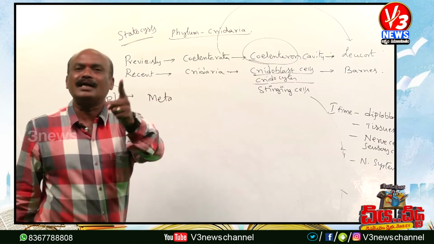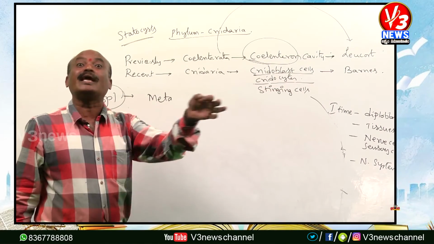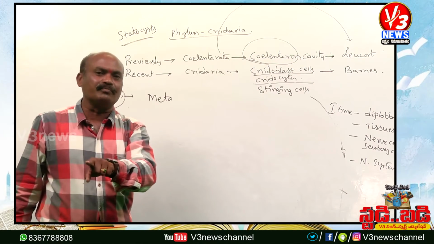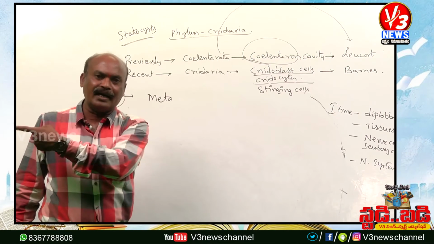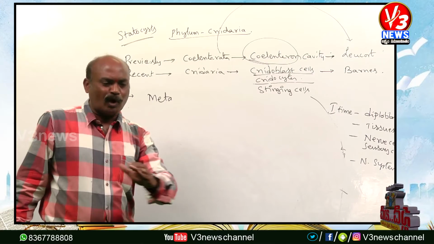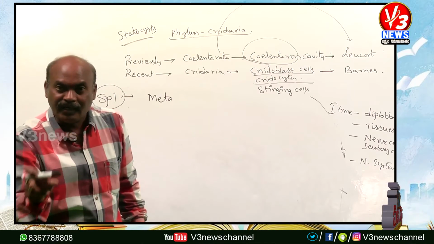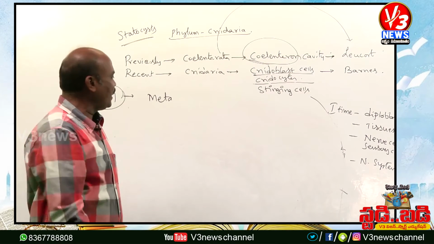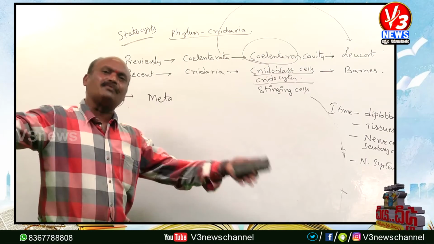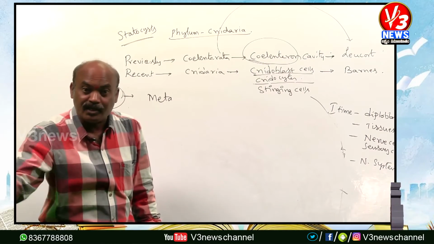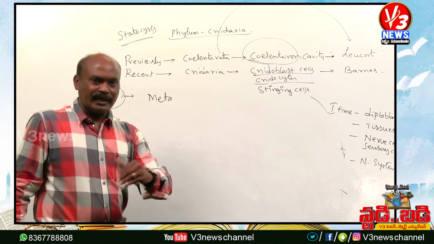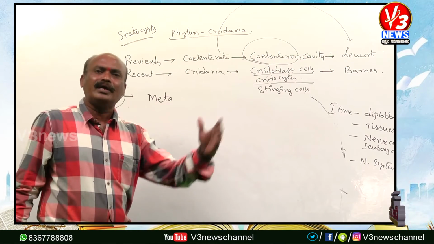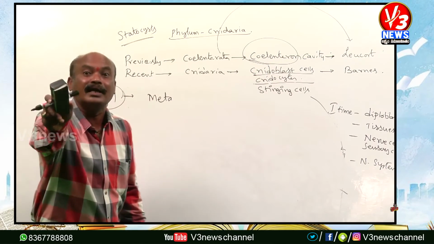Metastasis is the word related to cancer. Metamerism is related to phylum Annelida, simple segmentation, where the body is divided into many ring-like structures. Then metamorphosis is related to the reproductive system, the development of larva into adult. But here it is metagenesis.